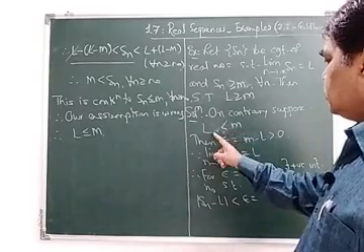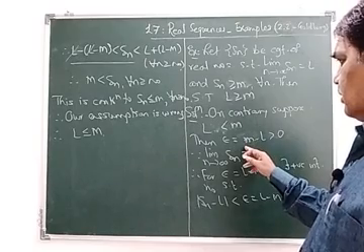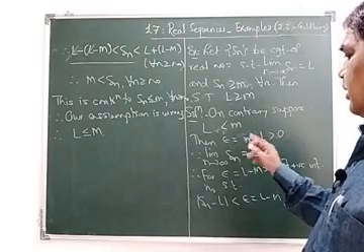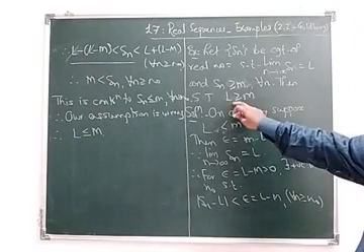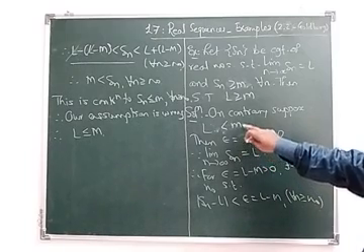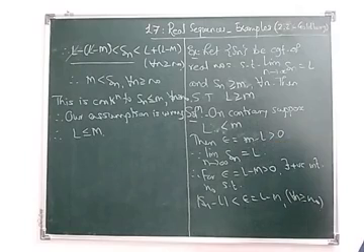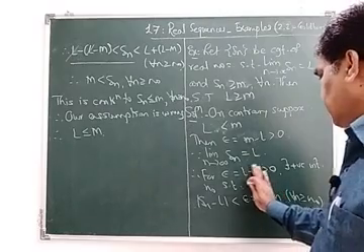On the contrary, suppose L is less than small m. Then epsilon is equal to m minus L, which must be greater than 0. Epsilon is equal to m minus L here.